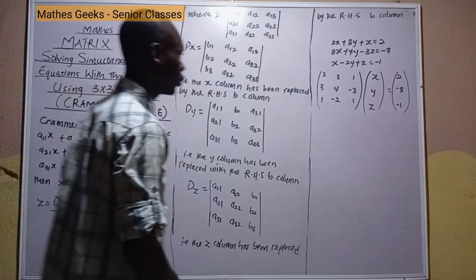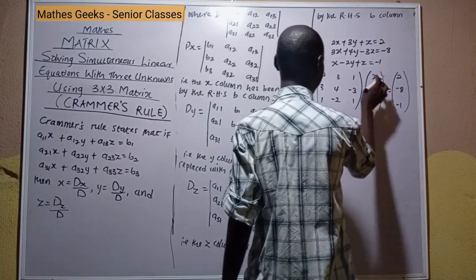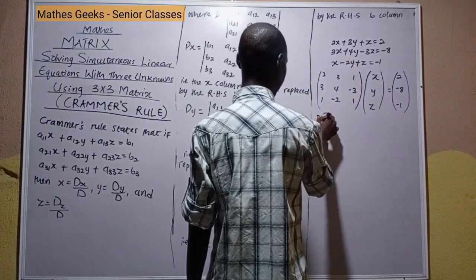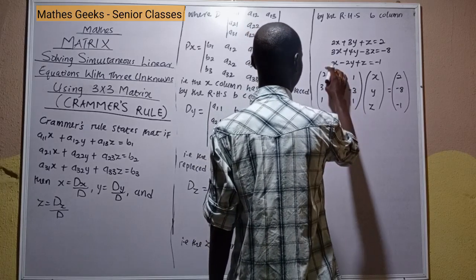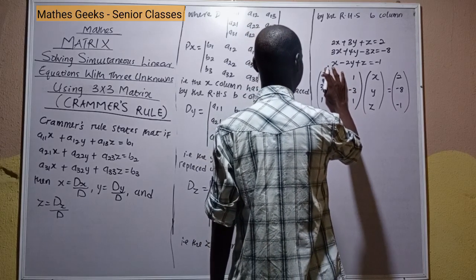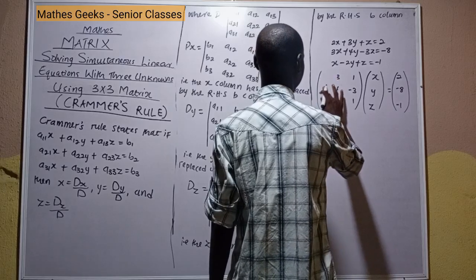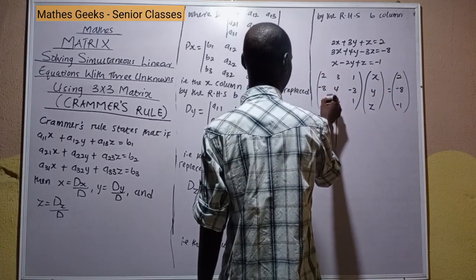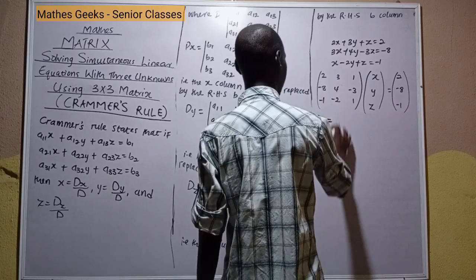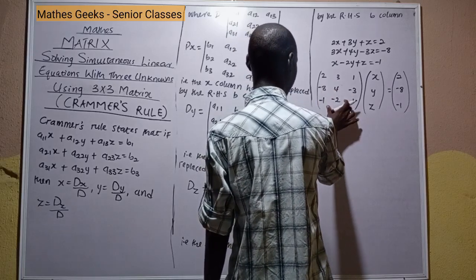So in a nutshell, if we want to get x, x equals the determinant where we replace this column 2, 3, 1 with the answer column 2, minus 8, minus 1, and then we look for the determinant of this matrix, dx.